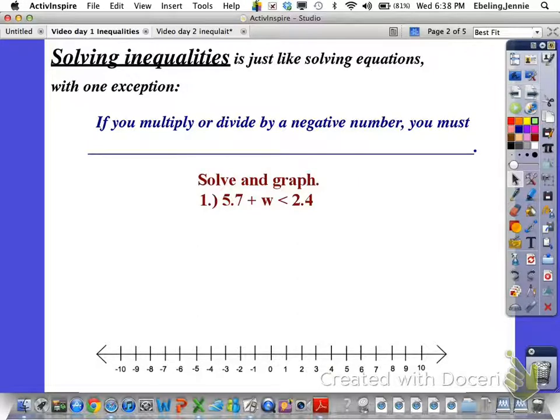When we solve inequalities, it's just like solving equations, except there's one exception. There's one rule that we have to pay attention to. And that rule is this one right here. If you multiply or divide by a negative number, you must do what I call flip the switch.